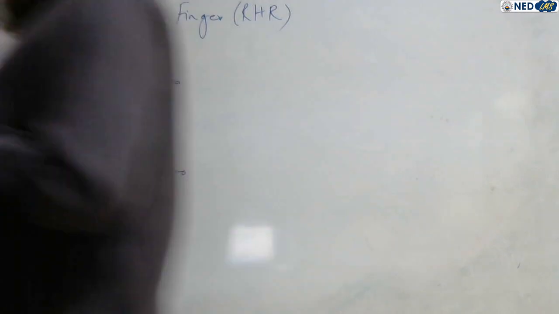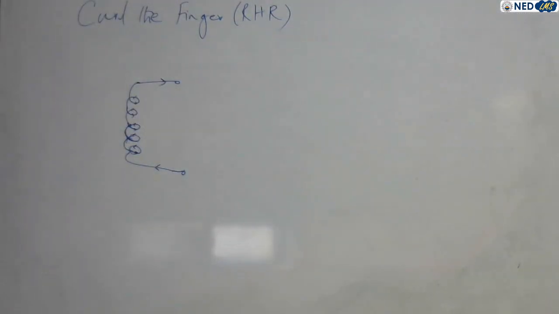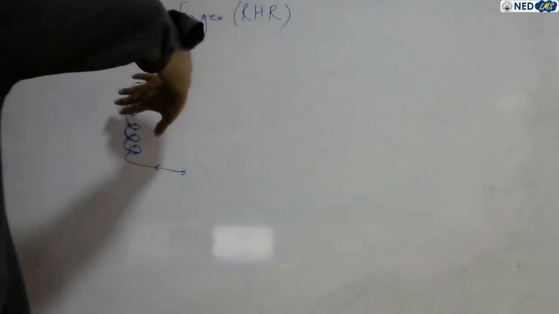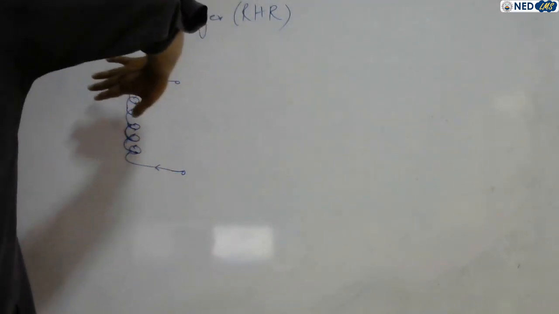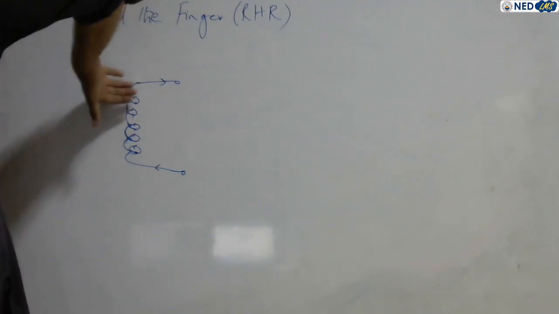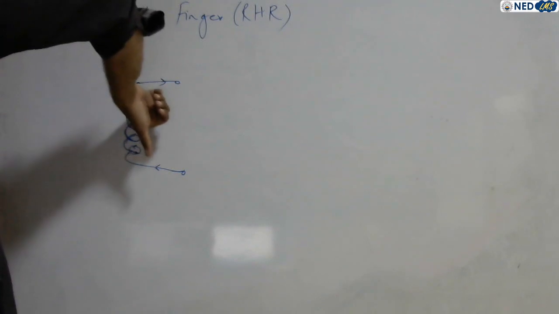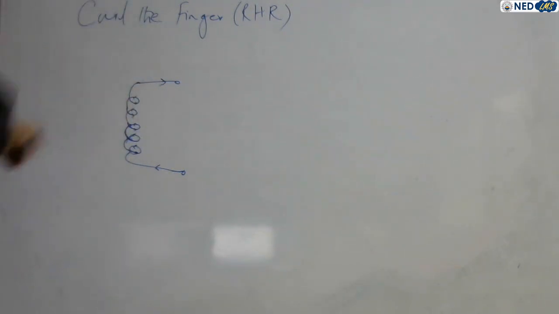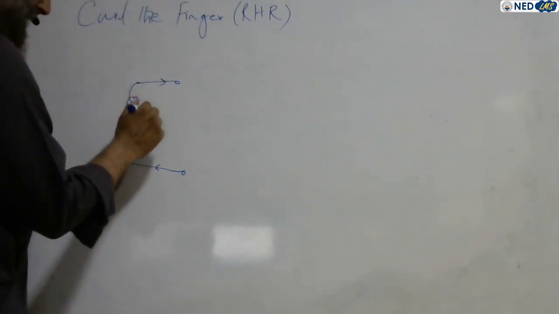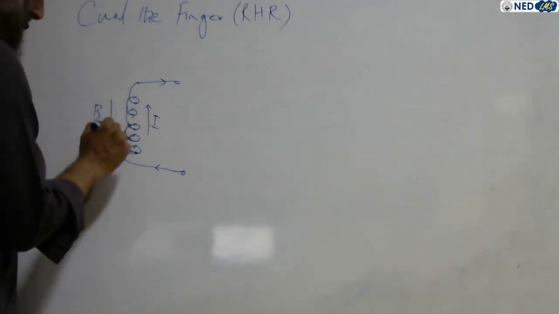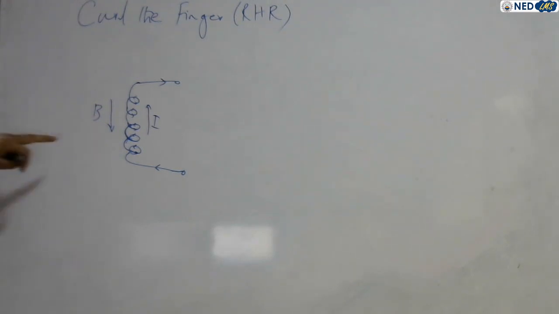In this case you again use your right hand and curl the fingers in the direction of current flow. This time the direction of current flow is like this. When you curl the fingers, your thumb will point downwards. See, your thumb will point downwards. So in this case, the current is from bottom to top, and the magnetic field is from bottom to top. So by curling the fingers, you get the magnetic field, right?